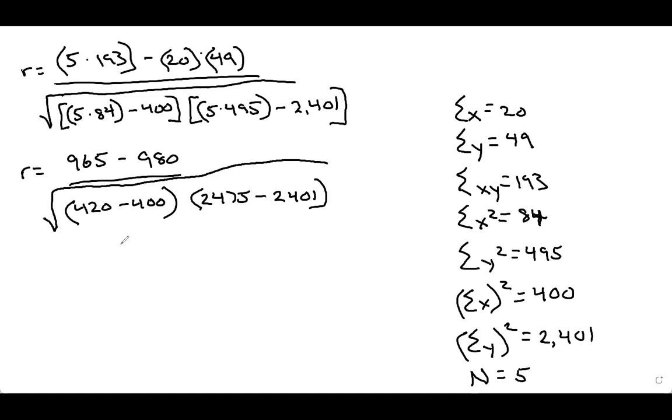Okay, so now if we go down another level and look at 965 minus 980, negative 15. Negative 15, and then we take 420 minus 400, which is going to come out to 20, times 2475 minus 2401, 74.